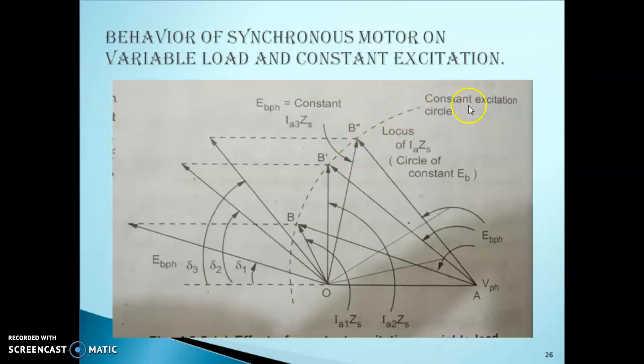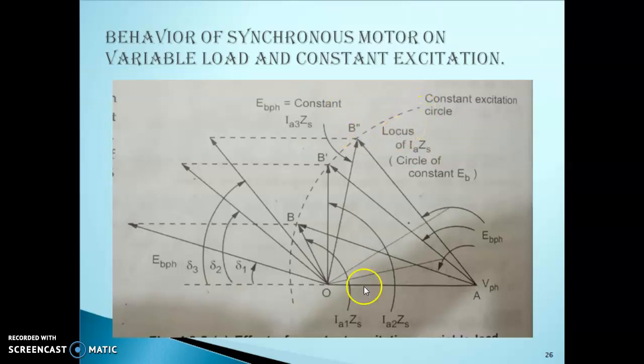This locus is called as constant excitation circle, locus of IAZS. Okay, now as ZS is constant, this locus we have got as a circle, and this circle is called as constant excitation circle also. So this is the most important concept to understand.